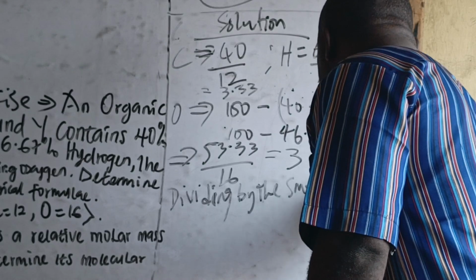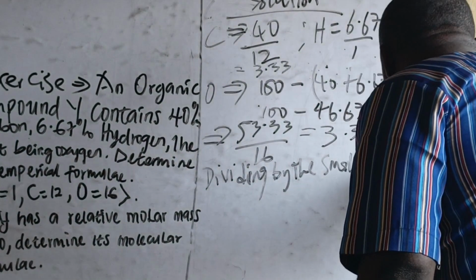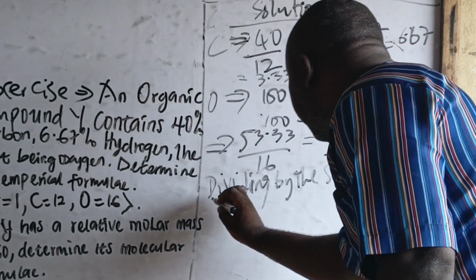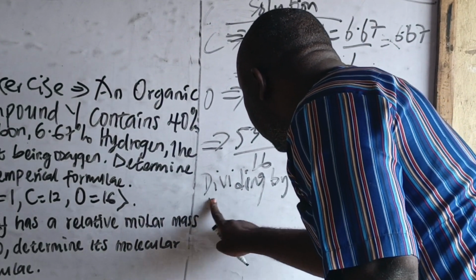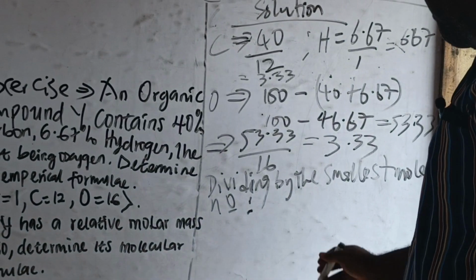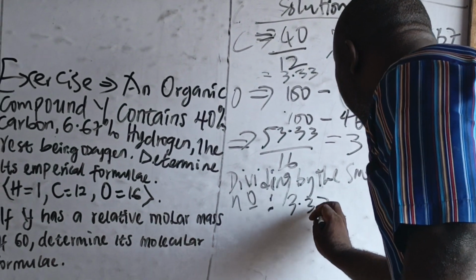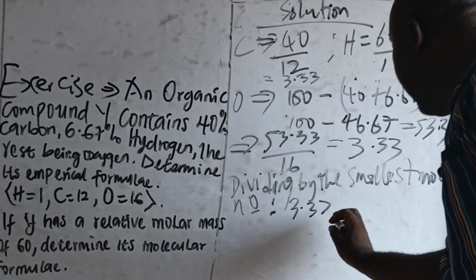Dividing by the smallest mole number, the smallest mole number here is 3.33.